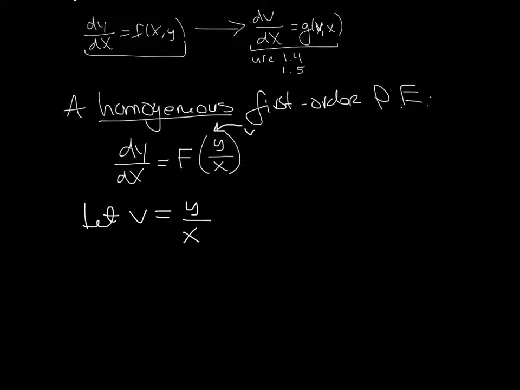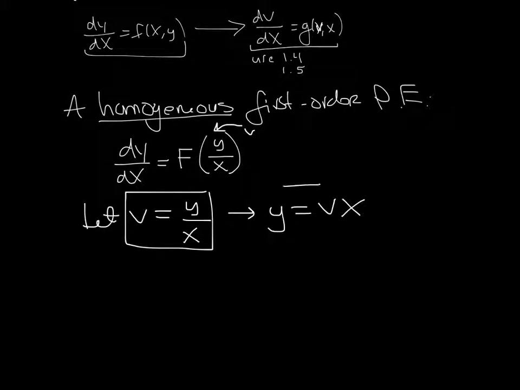And that's going to be one equation that you're going to use. Notice that if you just cross multiply, basically solving for y, you have y equals vx. That's the second equation. The third equation you're going to use is to differentiate this equation with respect to x. The book skips a couple of steps, so let me write those in.